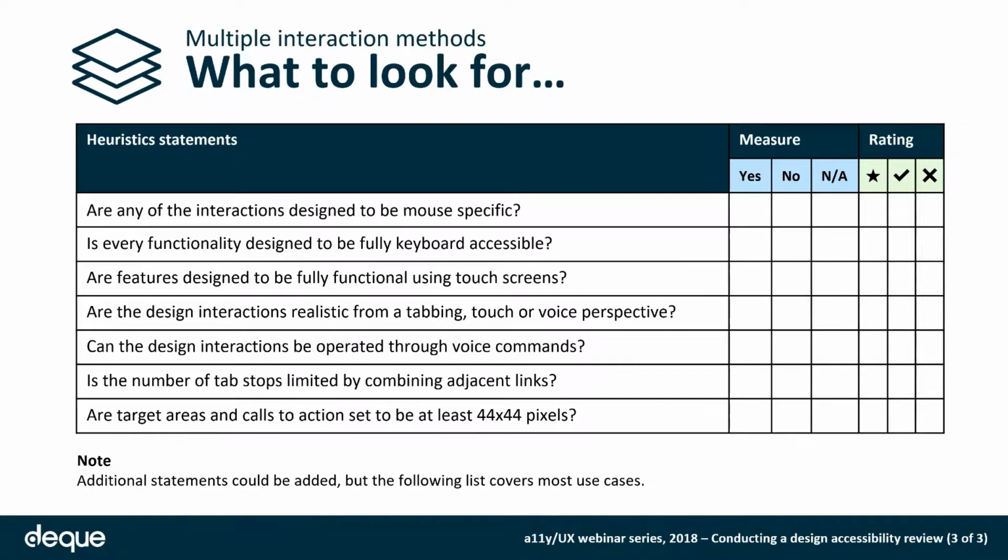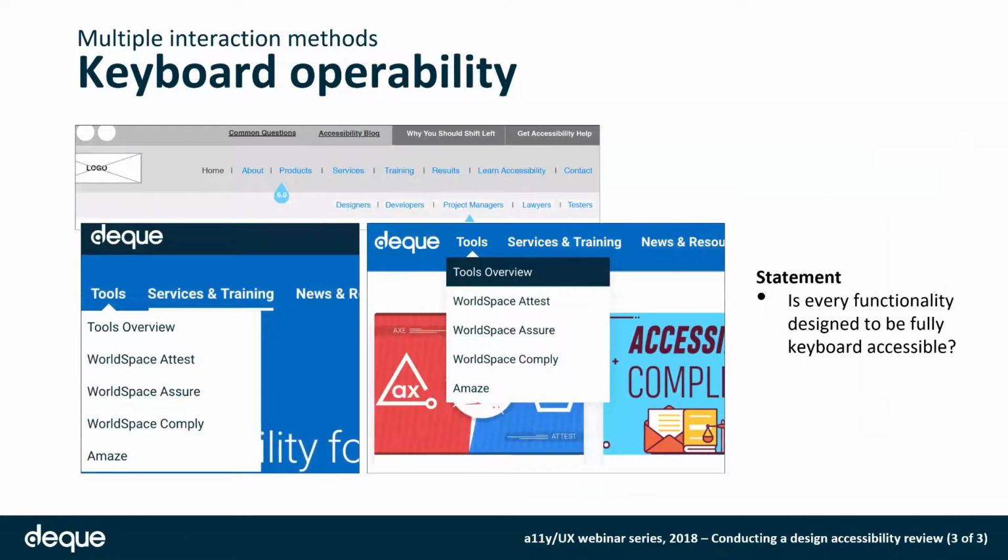So now we shall see some examples of these statements. The first one would be keyboard operability. When we were redesigning our website, we had the mega menu. We still have it on our website, and this is how it was in the first image. The top image with the gray color theme was showcasing that mega menu.